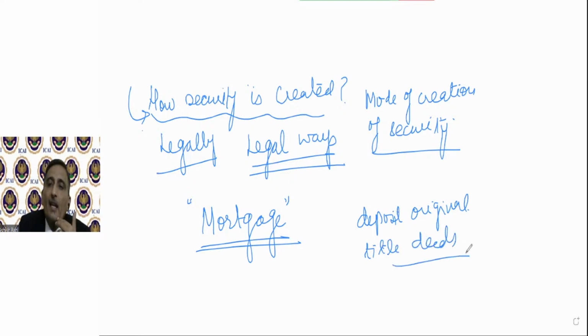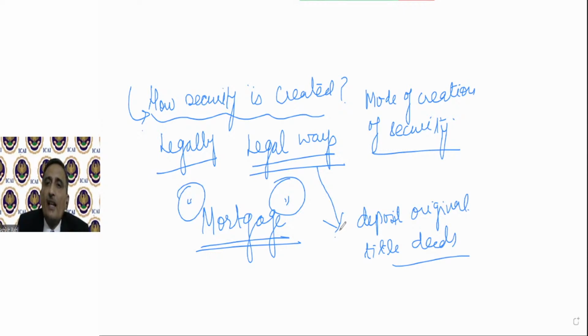He goes to the bank when documentation takes place. Yes, the residential house would be collateral security, Abdul. So he would deposit original title deeds and he would sign the relevant documents. Okay. So this is one form of creation of securities. This is called mortgage.